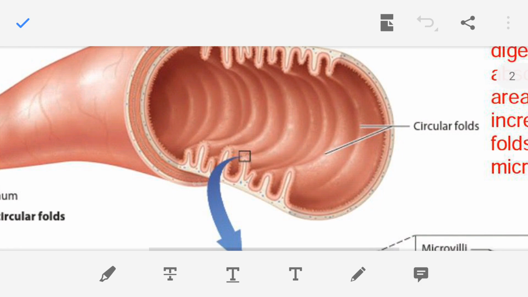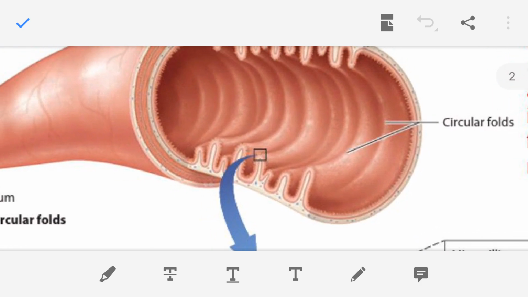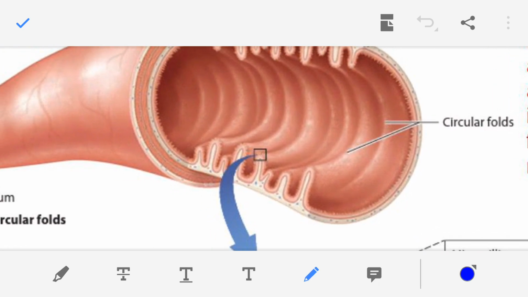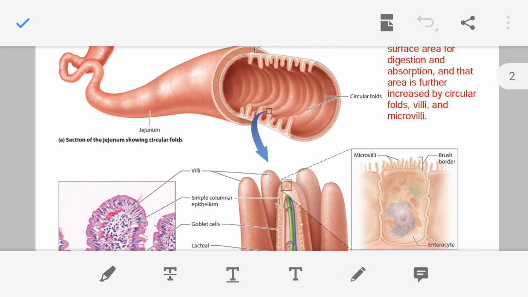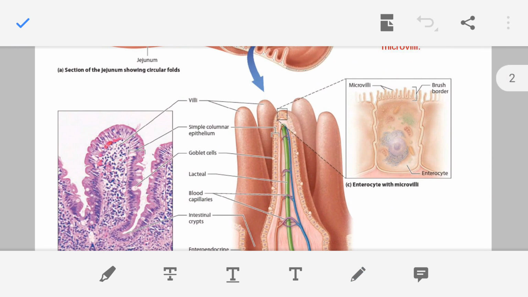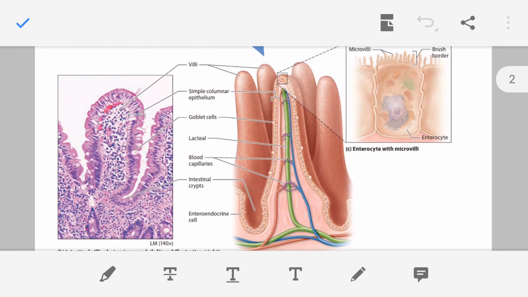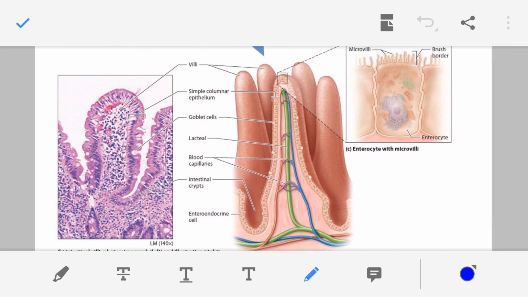And we are now enlarging one of the villi. For example, this part, this is villi, this is villi, this one is villi. So these are all villi, okay. And we are zooming one of the villi. So as you can see, villi is like a finger-like projection. So this is also a finger-like projection.